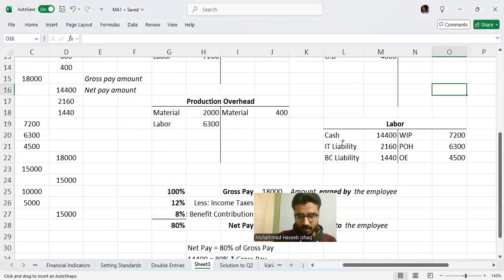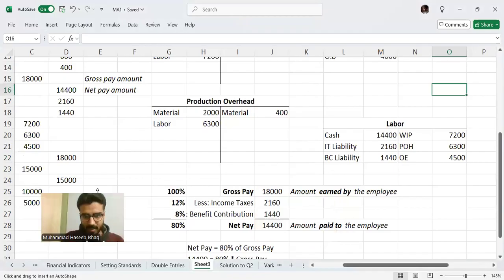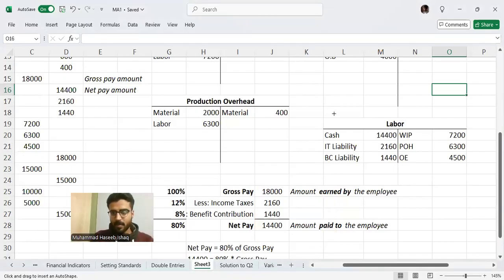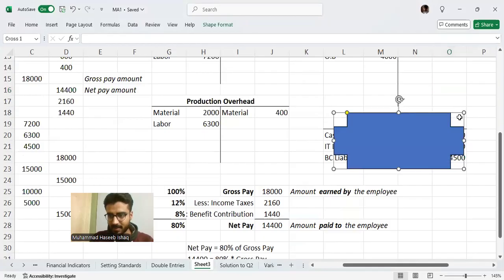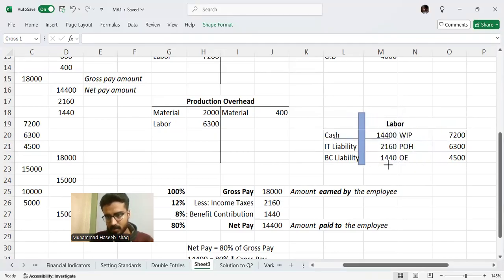I think this is a cross, but it looks more like a plus sign. I think I can edit it. It's very tricky to use. I think it now looks much like a cross, right?